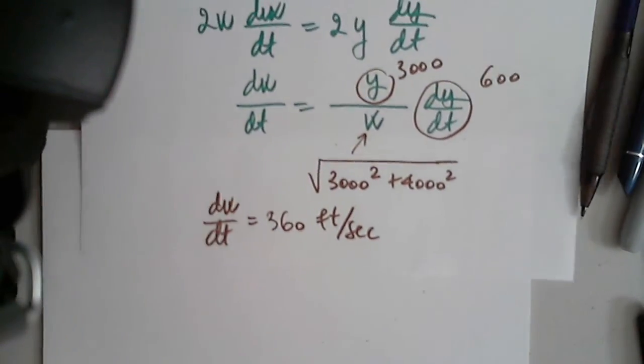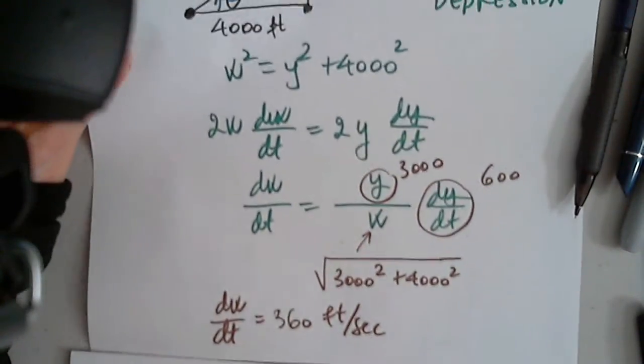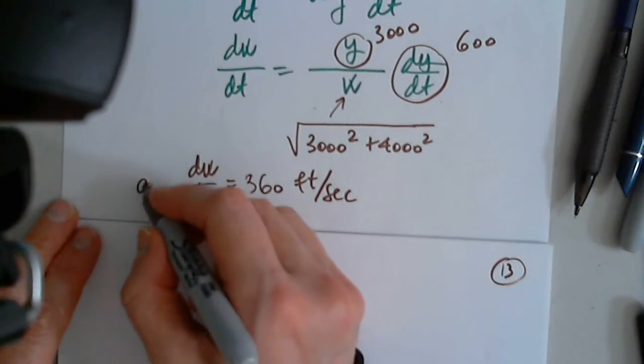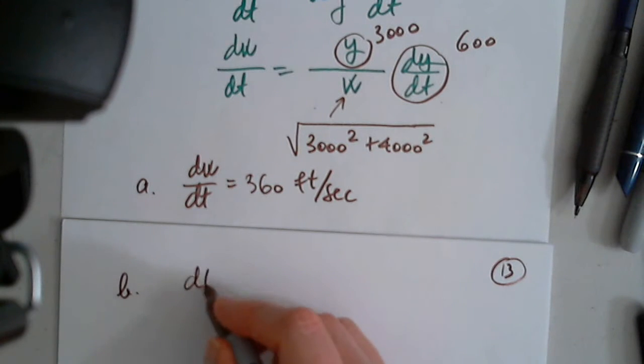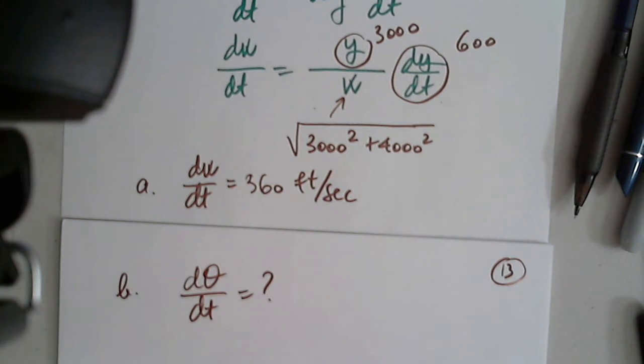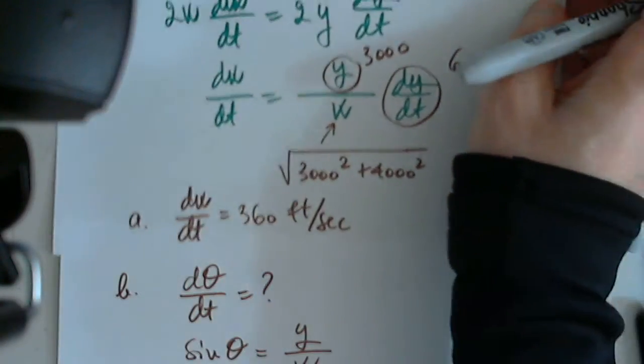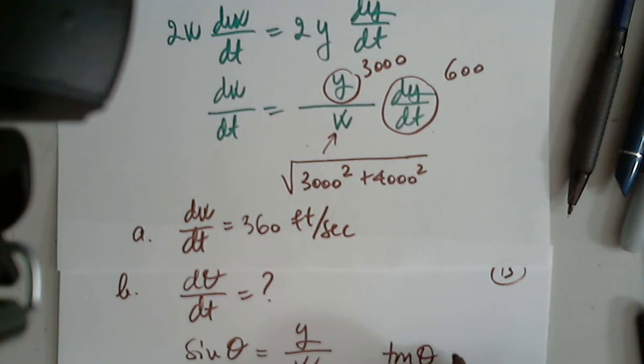So in part B, so this is part A, and then part B, we're asked to find d theta over dt, and I'm going to use sine. So sine theta equals y divided by W. No, I'm going to use tangent, which is y divided by 4,000.